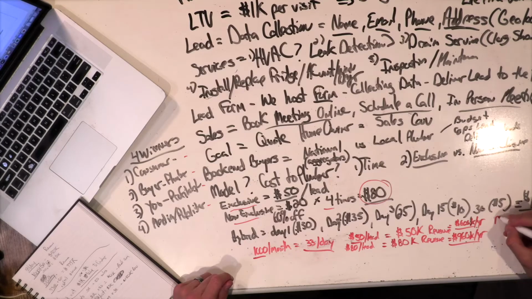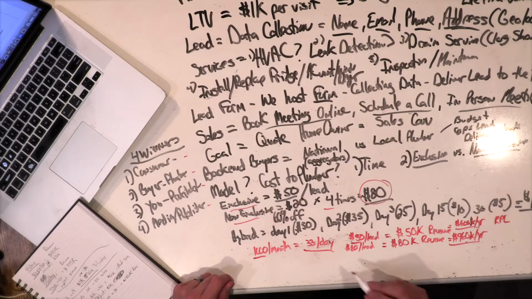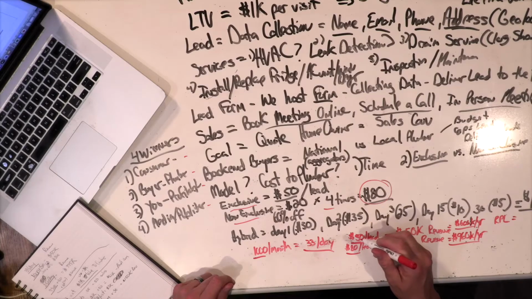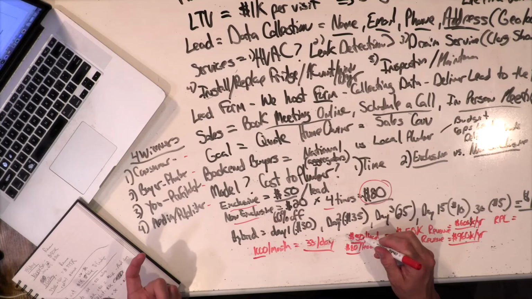Remember what we did? What's your revenue per lead? Remember we did that last week, right? So what is the revenue per lead? RPL. Here, we're selling it at $80. Here, we're selling it at $50. So in this scenario, what margin do you want to work at? Easy math. If you want to work at 50% margins, you can afford $25 to generate a lead.